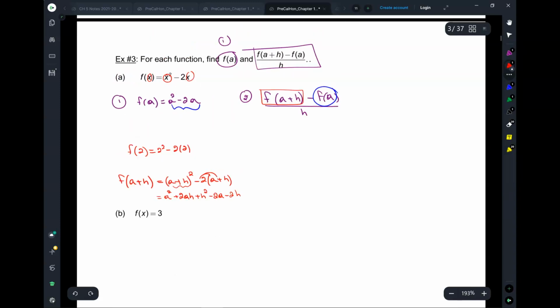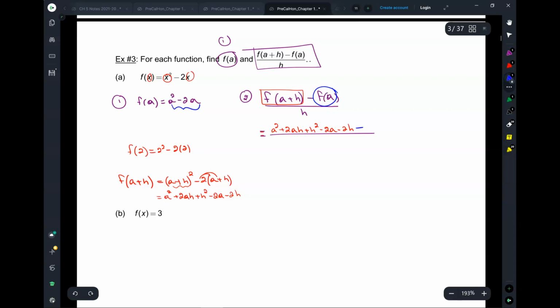Okay, now let's build our function here. First, the red part is what I just found. Minus f of a.